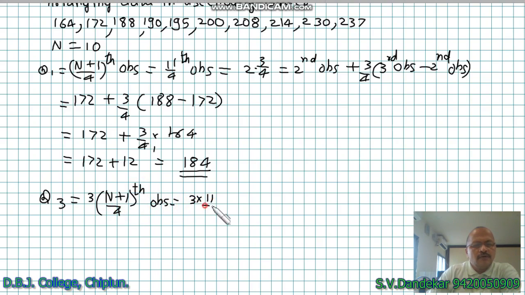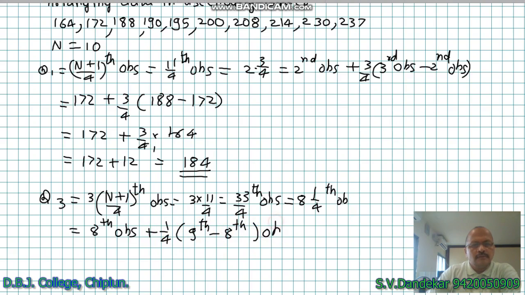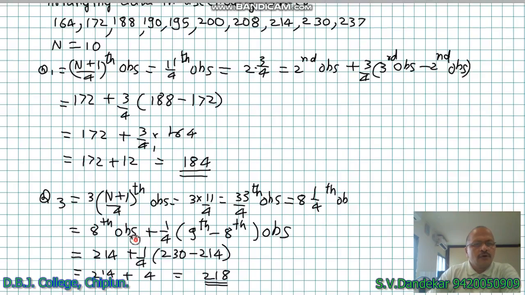It is 3 into 11 by 4, that is 33 by 4th observation, that is 8 1 by 4th observation, that is 8th observation plus 1 by 4 times (9th minus 8th observation). 8th observation: 1 2 3 4 5 6 7 8, 214 plus 1 by 4 times (230 minus 214), it is 214 plus 4, this is 16, 16 by 4 is 4. So 218 is Q3.